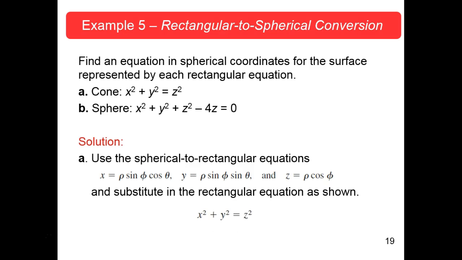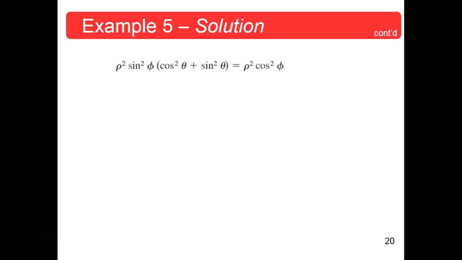There's the original formula. Plugging all those squares in, you can divide out the rho squareds, and the sine squared phis you can divide out as well. And this, of course, gives you 1. That still works in any coordinate system, so that's still 1.